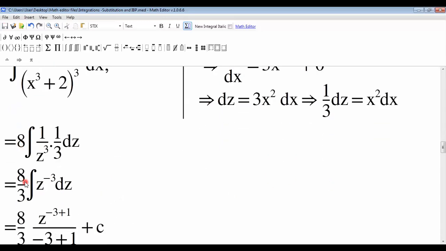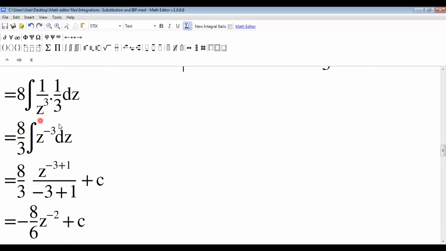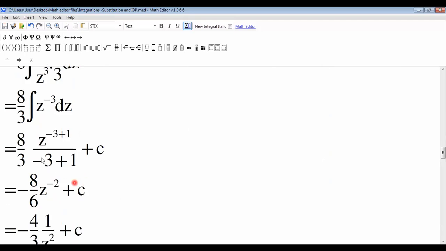So 8 is a constant and 3 is also a constant, so 8 by 3 comes before the integration, and 1 by z cube can be written as z to the power minus 3. Using the power rule for integration, x to the power n plus 1 divided by n plus 1, we get z to the power minus 3 plus 1 divided by minus 3 plus 1.